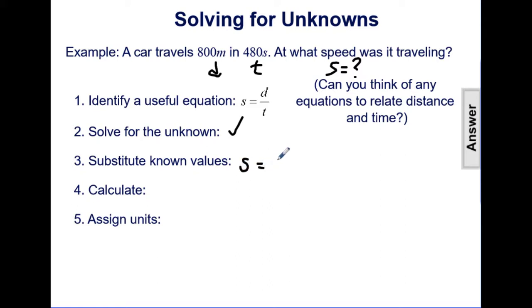So speed equals d, which is 800 meters, over t, which is 480 seconds. It's time, so it's 480 seconds.